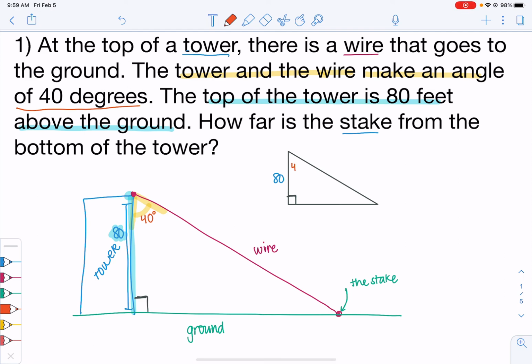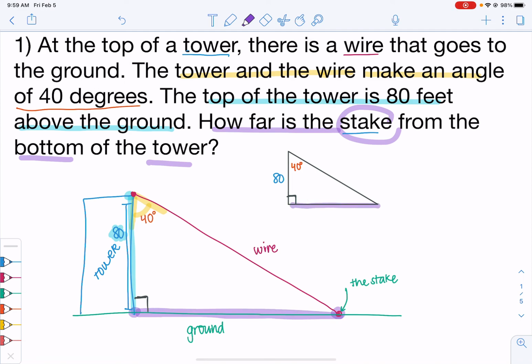The angle here is 40 degrees, and we want to know how far the stake is from the bottom of the tower. Bottom of the tower is here, so how far in between?